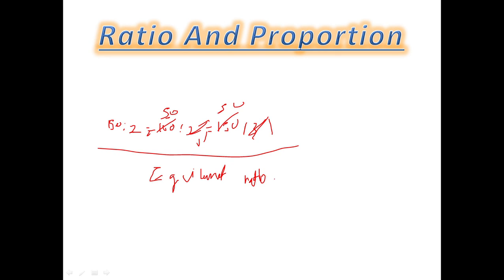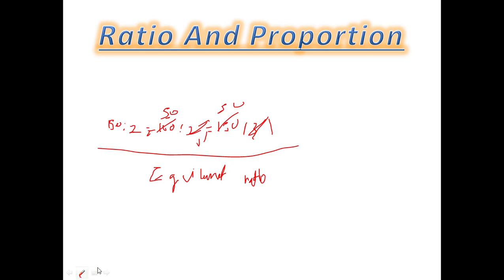And the next line is saying we can find equivalent ratio by multiplying or dividing both the numerator and denominator of a given ratio. So two ratios are equivalent if the fractions corresponding to them are equivalent.